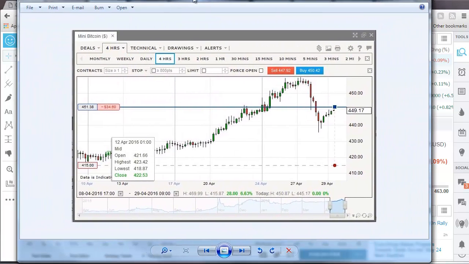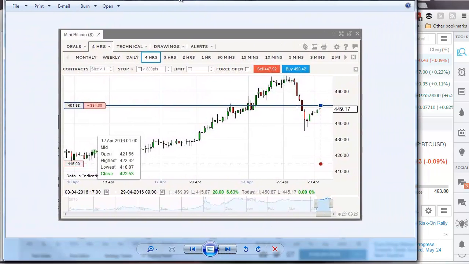So here comes the 4-hourly chart. So we'll see here, my trade is a mini Bitcoin, so one contract here is the equivalent of 10 Bitcoin. And we'll see that same shape, the breakdown and the low test, and then basically what you want to do is enter above the high of this bar.